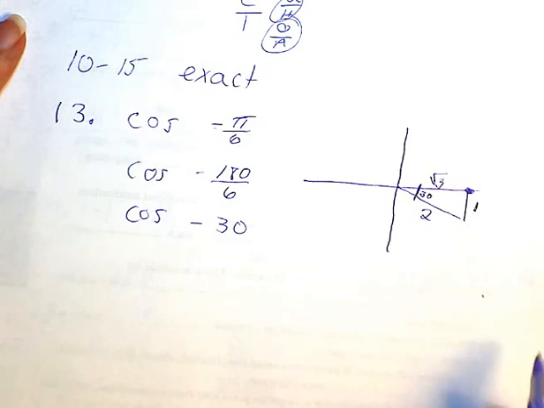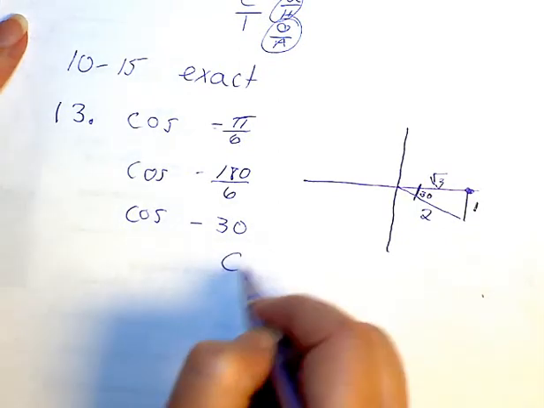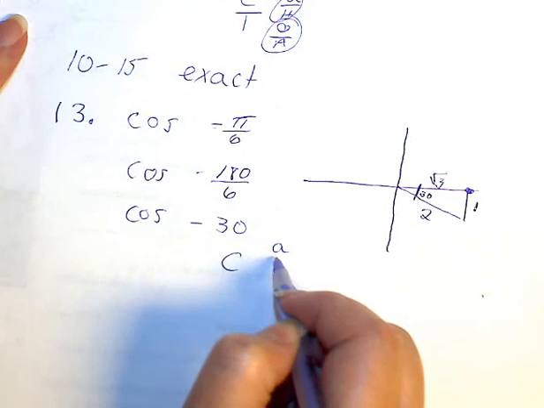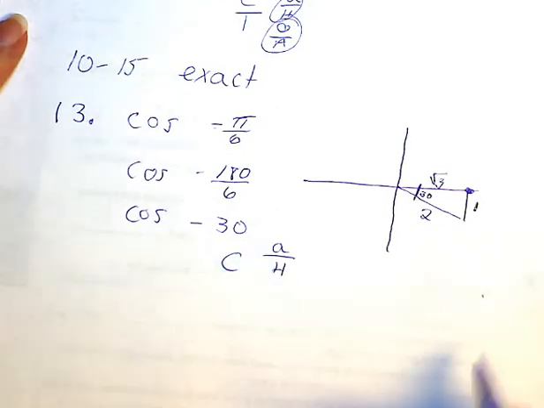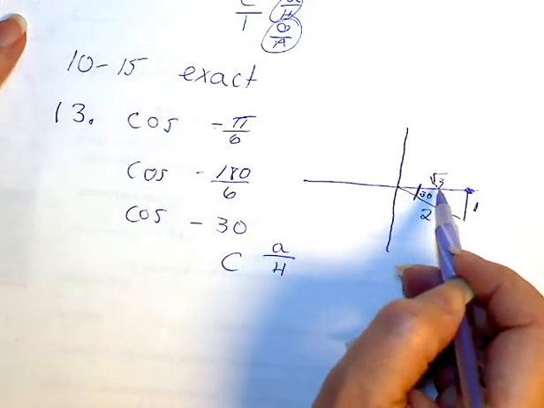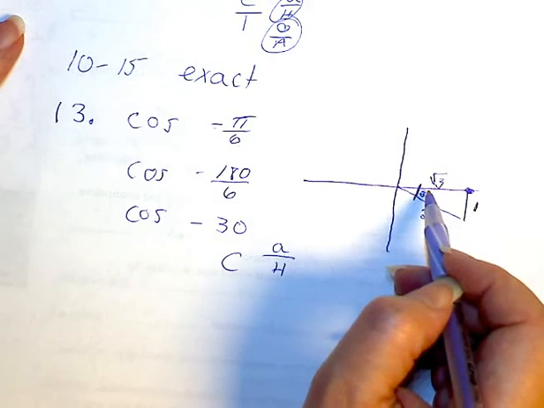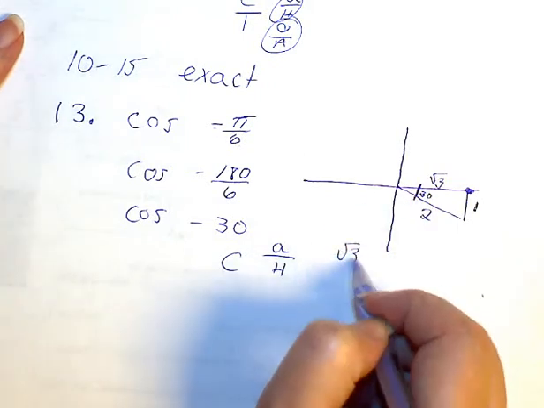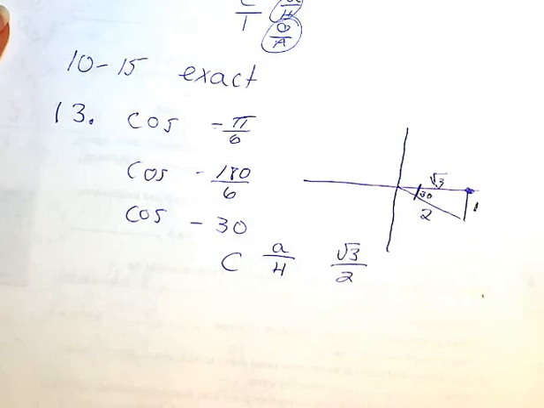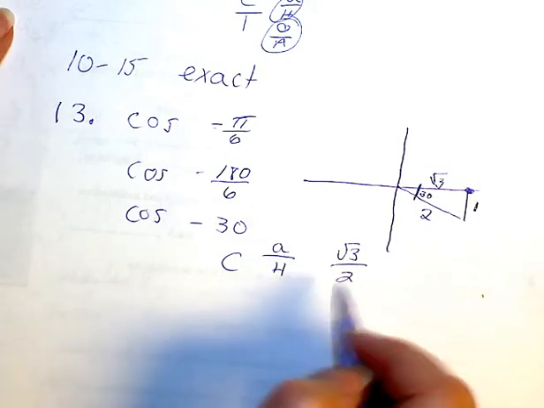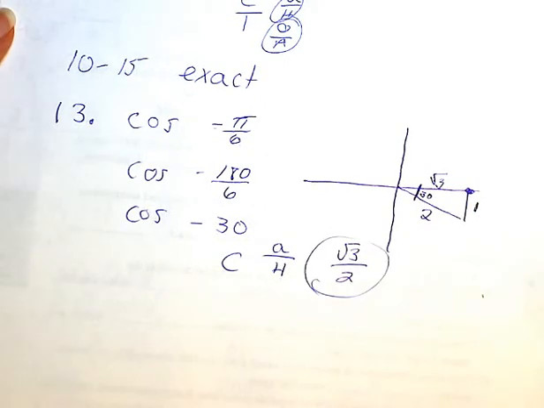So cosine, remember, is adjacent over hypotenuse. So my adjacent is square root of 3 over 2. So that's what you have to do, yes.